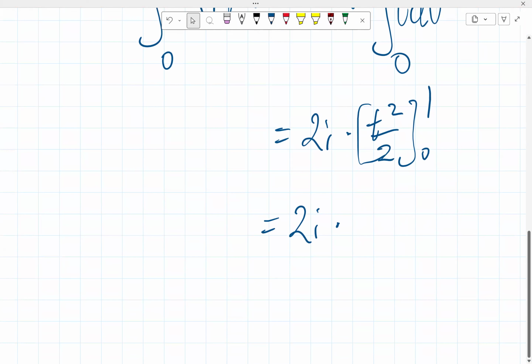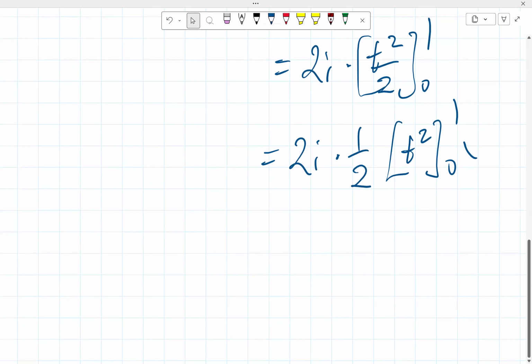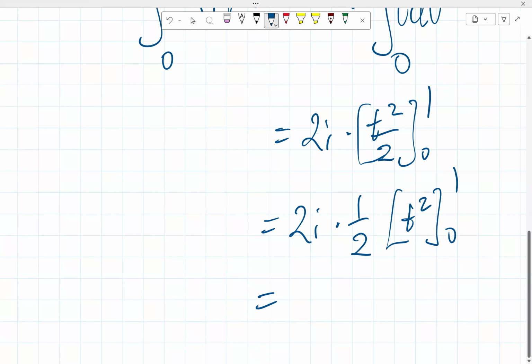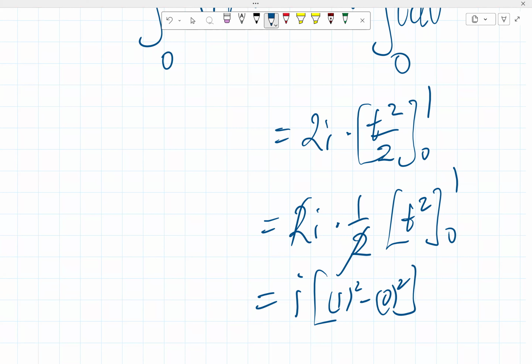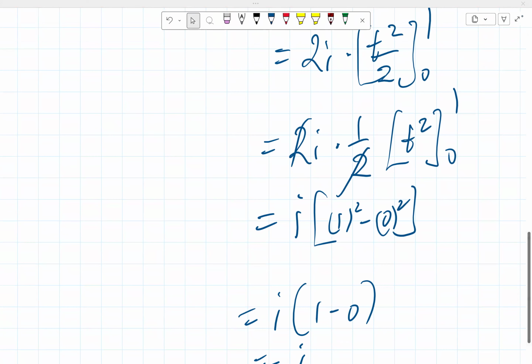Let me do that better. So that means you can bring out the half. So 2i times 1 over 2 into t squared from 0 to 1. The 2 cancels the 2 already, so we have i multiplied by t squared, that's 1 squared minus 0 squared. So that means we have i into 1 minus 0. That is simply i. So that's what the answer is in that situation.